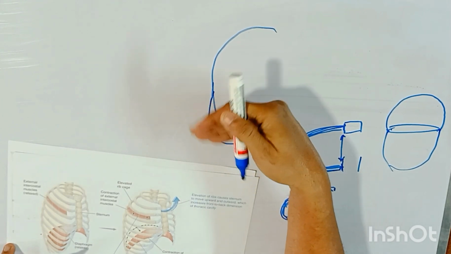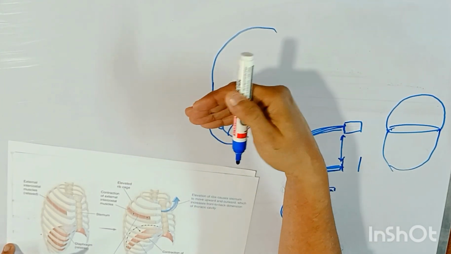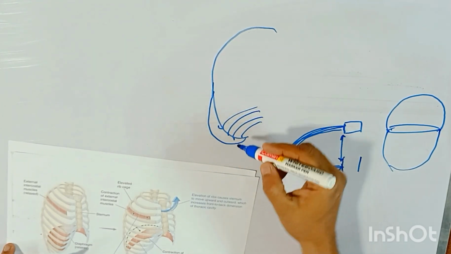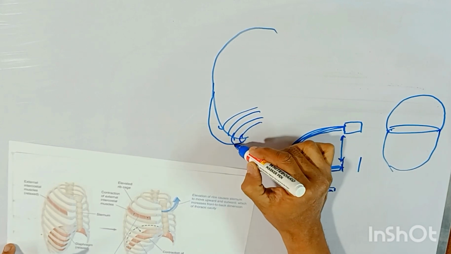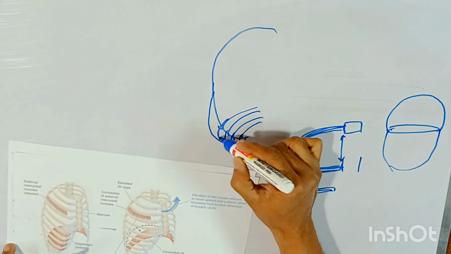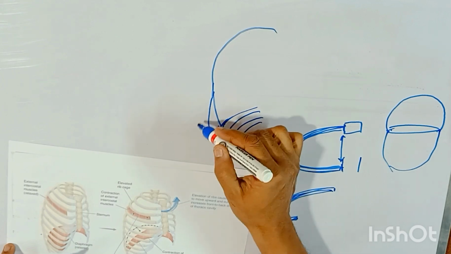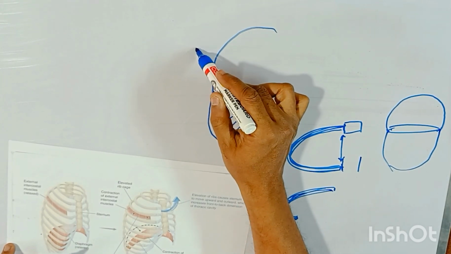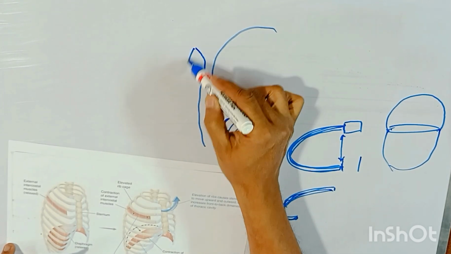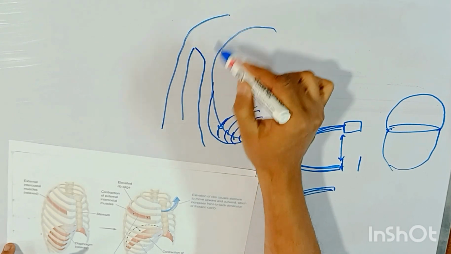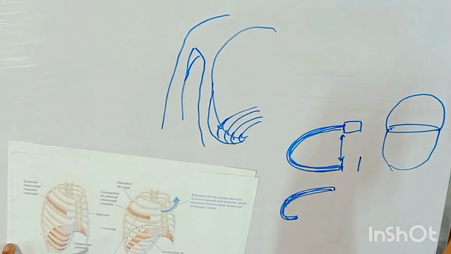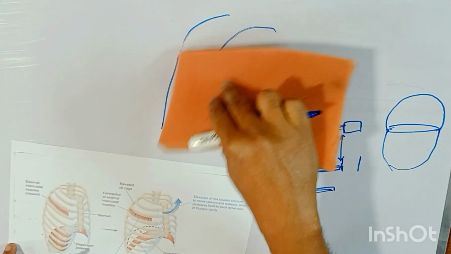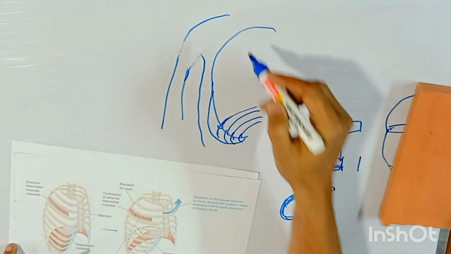They move outward and upward. So the movement of these handles increases the lateral dimension of our body. So this is our body, this is our thorax, these are our hands. Terrible drawing. So this is our hand, our neck.